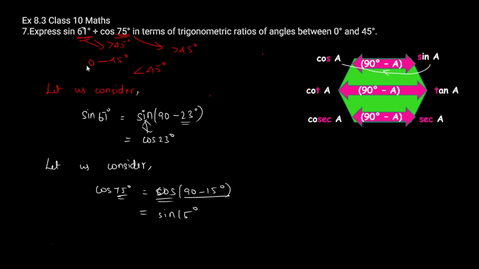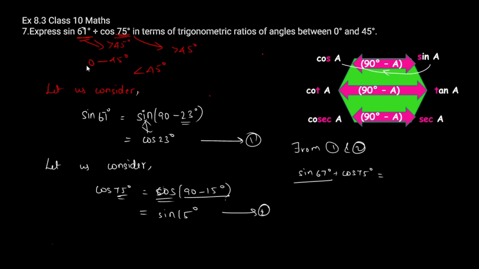Okay, now from 1 and 2, sine of 67 degree plus cos of 75 degree is equal to, what is sine of 67 degree? Cos 23 degree. And what is the cos of 75 degree? Sine 15 degree.